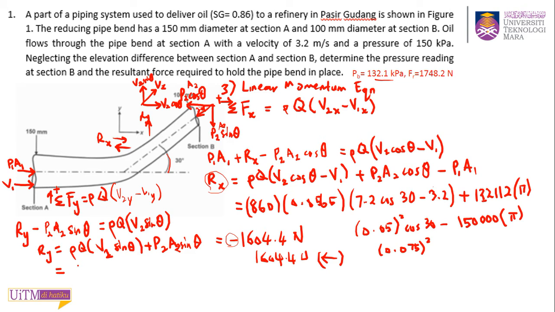What do you get for RY? It's 693.86 kot. Berapa again? 693.86. 693.8. Okay, did anyone get the same?